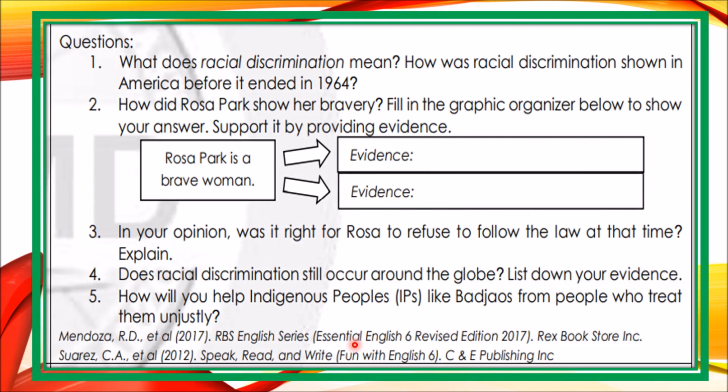So these are the questions. First question is, what does racial discrimination mean? How was racial discrimination shown in America before it ended in 1964? What does racial discrimination mean?